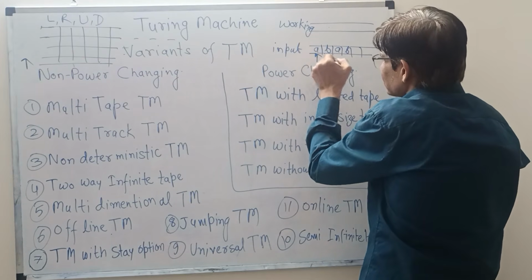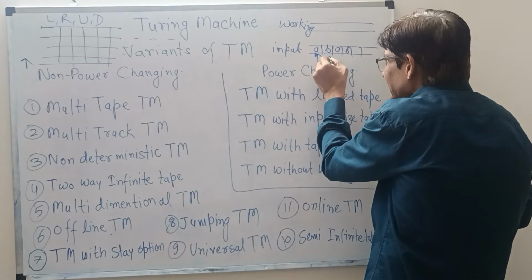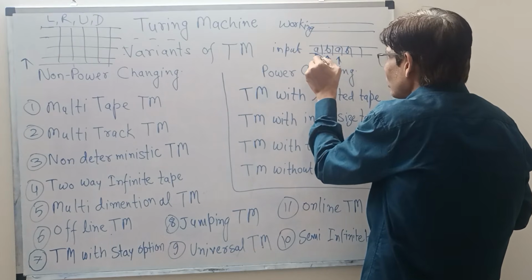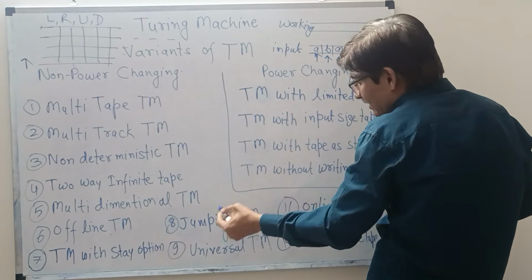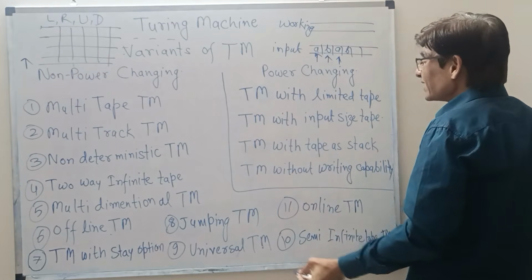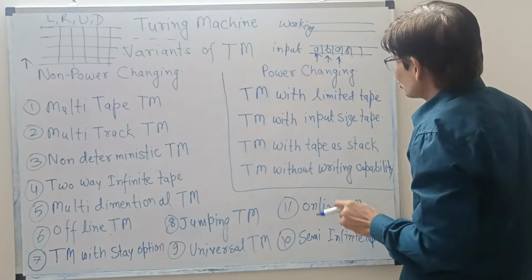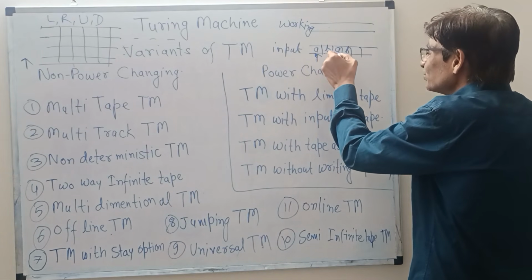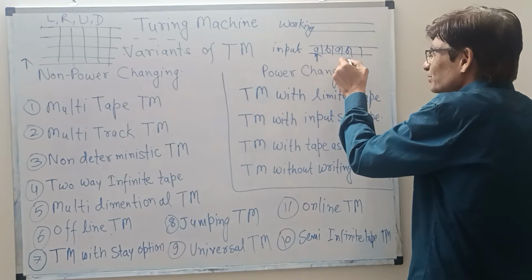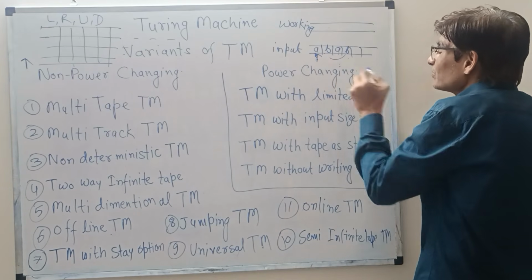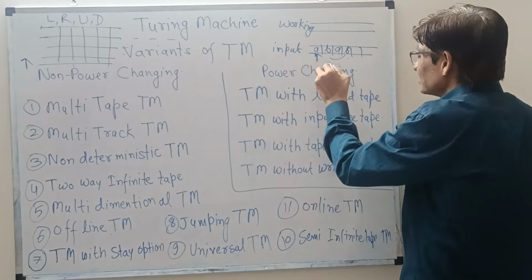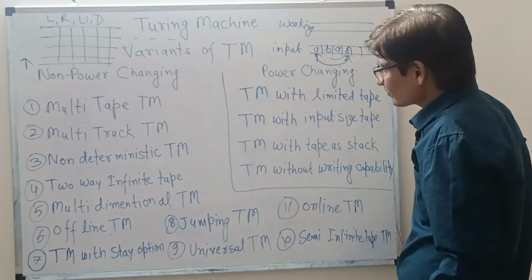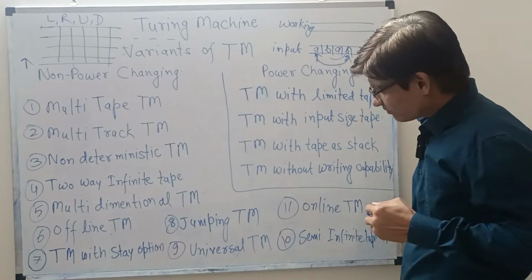After reading this symbol, you were moving to that symbol, or after reading this symbol, you were moving to this symbol. Here in the jumping Turing machine, you can skip some symbols. After reading this particular input, you can directly read this other input, skipping some symbols. This kind of Turing machine you can consider as a jumping Turing machine. I hope, friends, this is very clear.